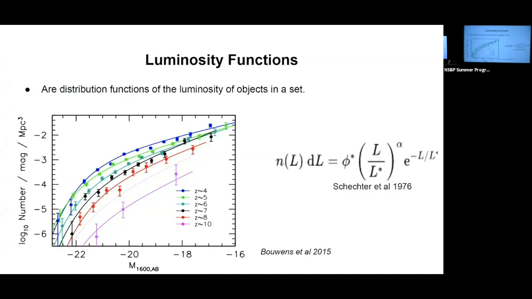We usually use luminosity functions to define the abundance of galaxies, but since we're using luminosity functions at a high redshift, we choose to use an absolute magnitude. Absolute magnitude and luminosity functions have a negative relation, so the higher the magnitude, the lower the luminosity function.